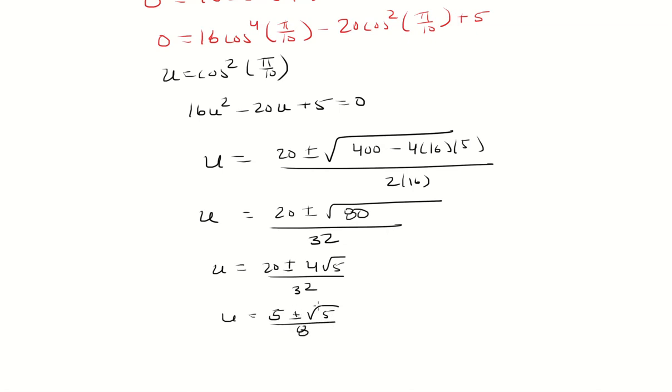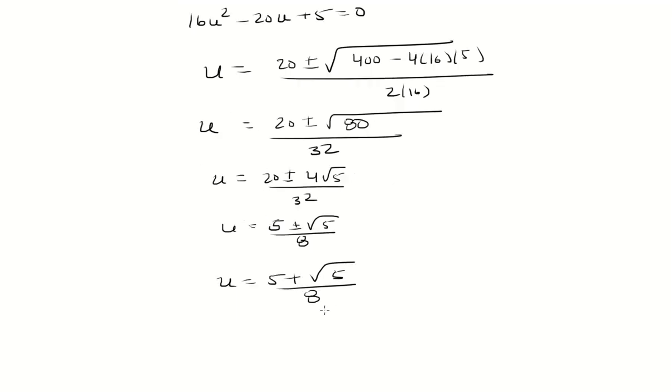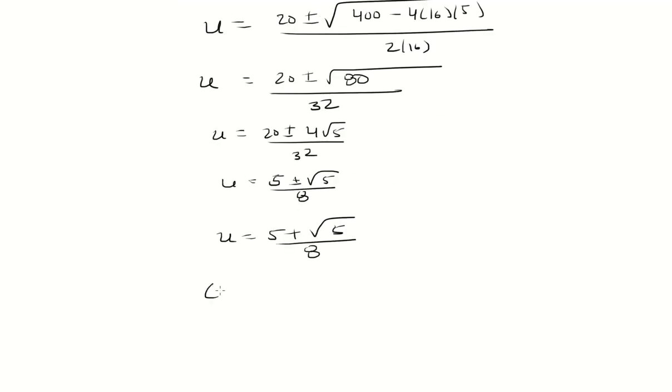But because here I'm interested in getting cosine of pi over 10, we're only going to consider the positive version of it. So we're only going to consider (5 plus square root of 5) over 8. Even though they're both positive, we only care about (5 plus square root of 5) over 8. And then u we said was cosine squared. Now when I take the square root of both sides, we typically get plus or minus.